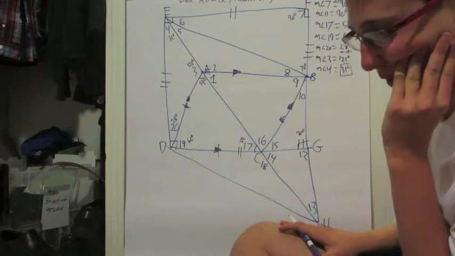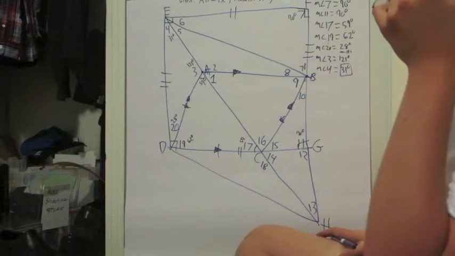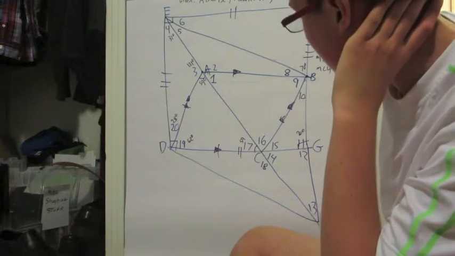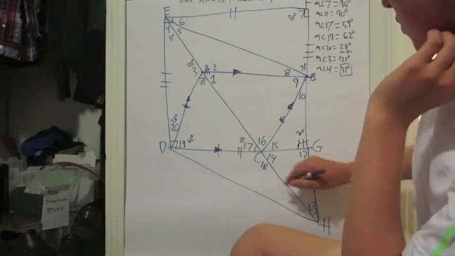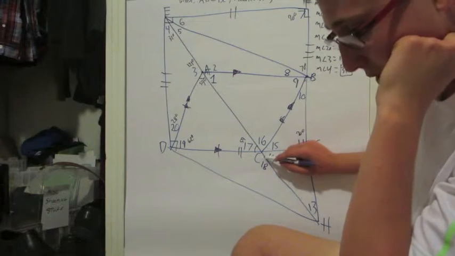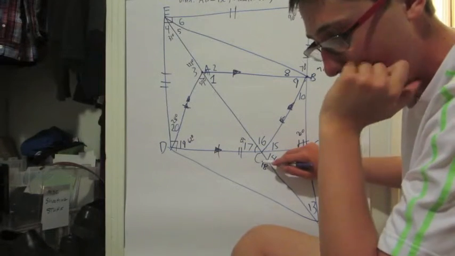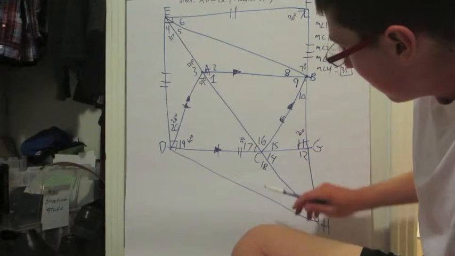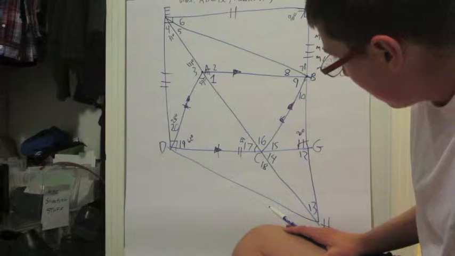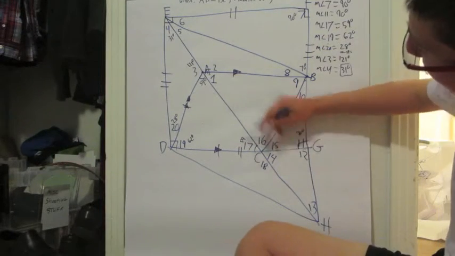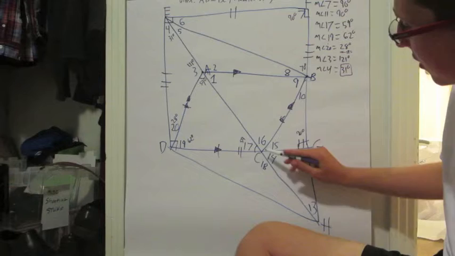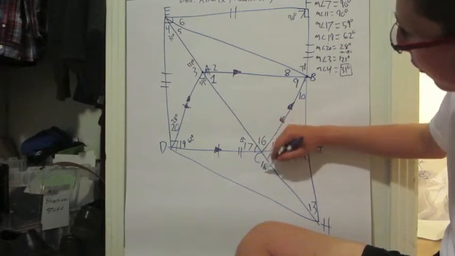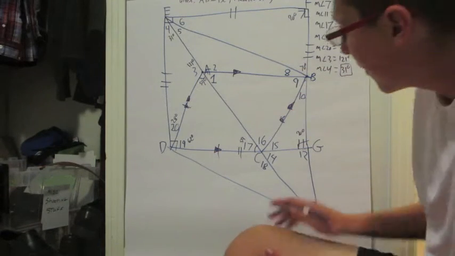The next angle we can figure out is the measure of angle 18. We can figure this out by the property of the straight line, and this would be the same as this, as 180 minus 59 is 121, as we already figured out.